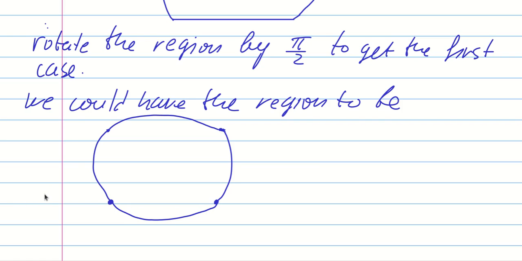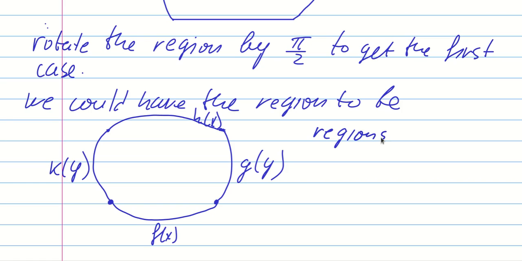Right, so we can have something like k of y, g of y, f of x, and h of x. And regions do not have to be symmetric.